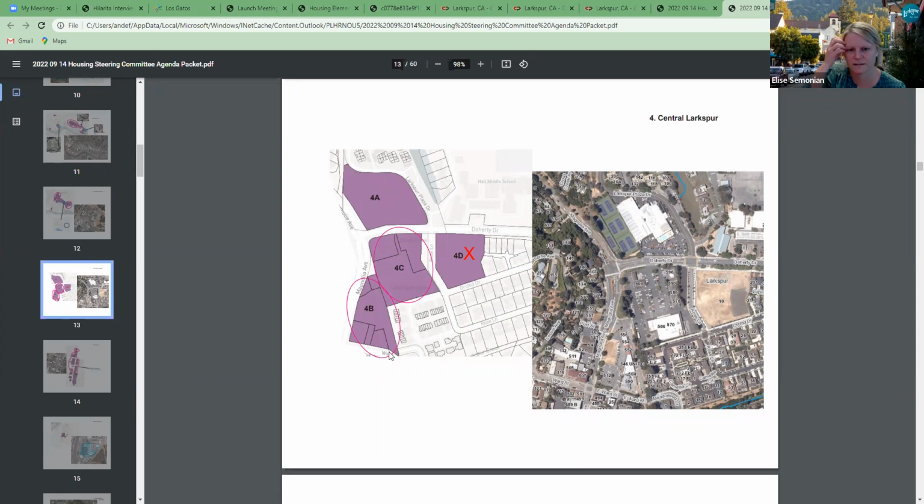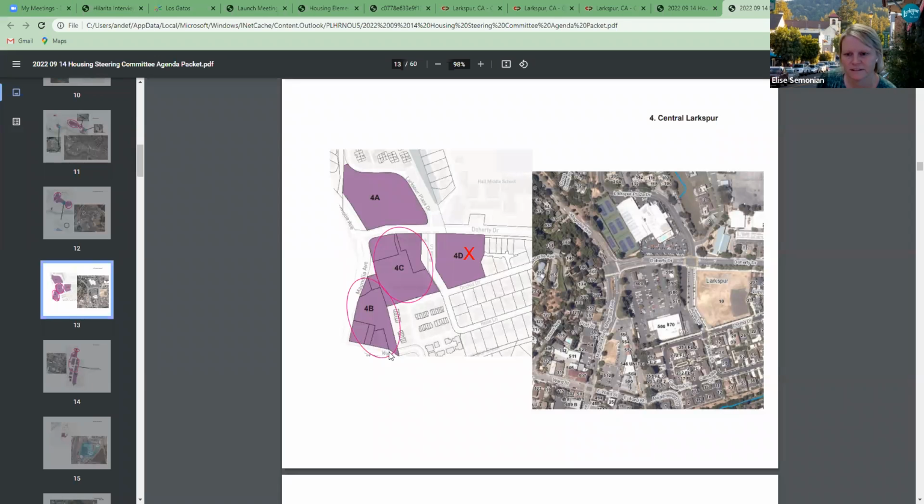And the other thing that we have to keep in mind with all of these sites on the screen here is just the potential for accidental discovery of Native American resources too. So these have their own challenges, in addition to consolidation issues and multiple ownership.